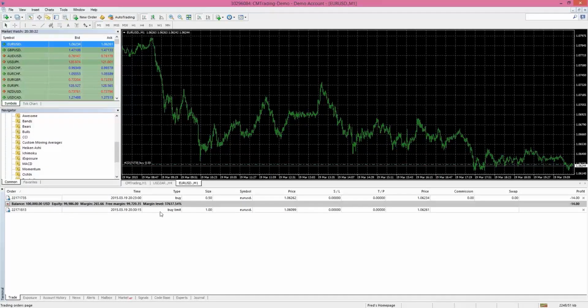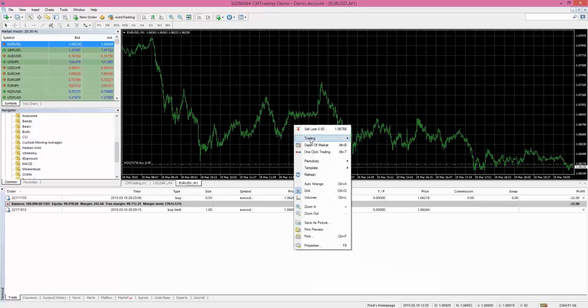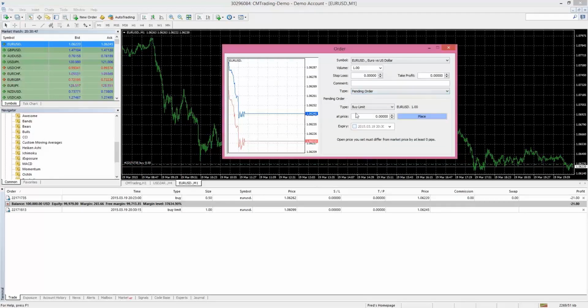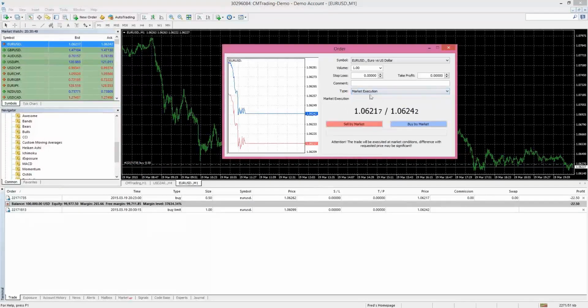You see it populated down here, buy limit order of 1, at this price. So if it hits this price, which is another 25 pips about, I'll be executed at this price and I will buy this particular share. So for a buy limit order, again, go to trading, new order, pending order.